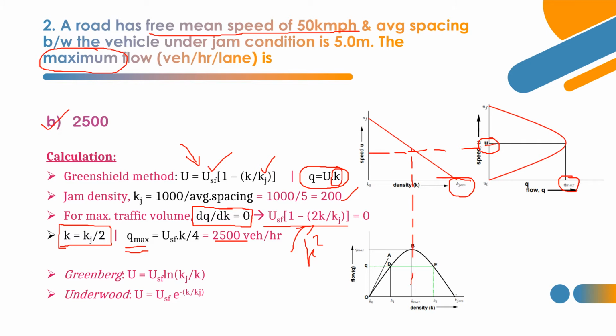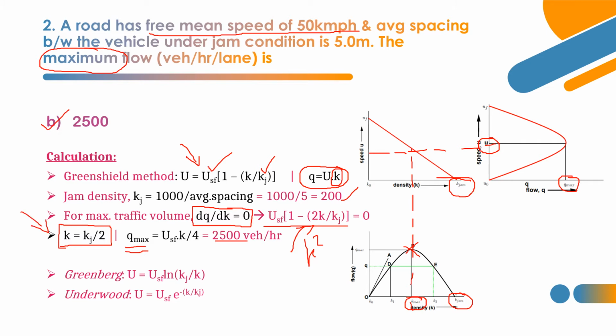You can see here, at K max, it's a free flow condition, and here K jam, that is jam condition. So at free flow condition, maximum flow will occur. That's all. So these graphs are useful to get the answers for these formulas or equations.